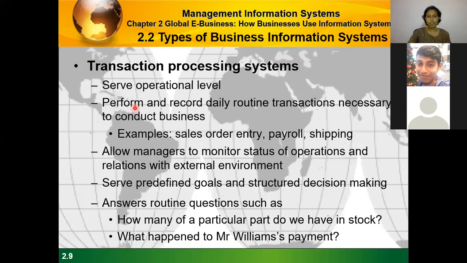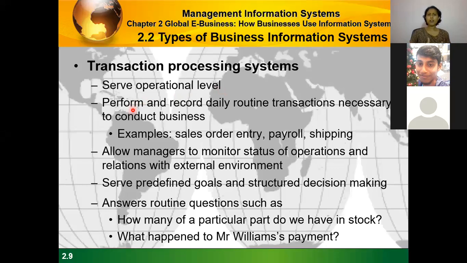First, it says serve operational level. Like you said, that lower level of the organization, which is also referred to as the operational level of the organization or the operational level of management. The transaction processing system operates within this operational level or the lower level of the organization, right?